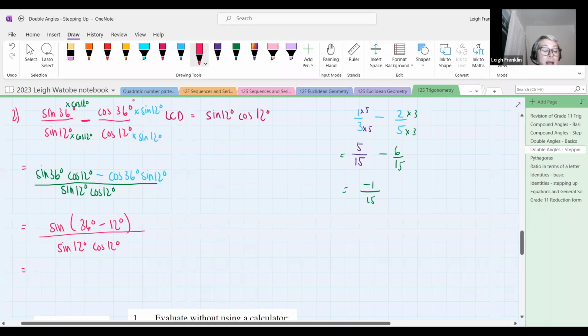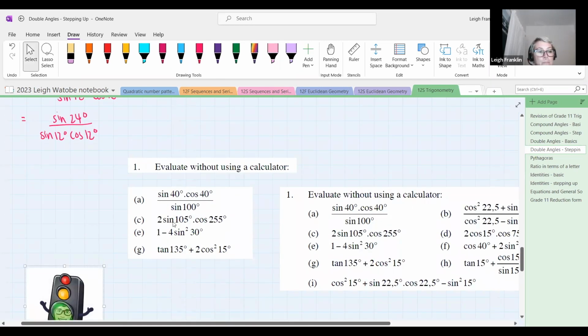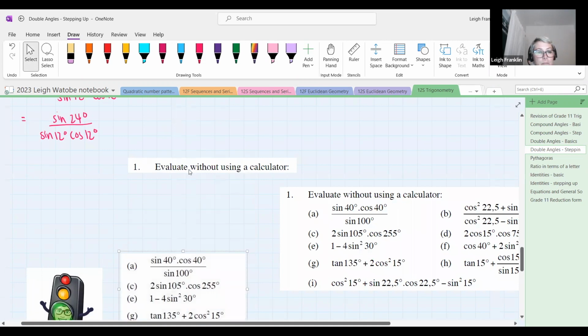All right. Now at the top again. 36 minus 12 leaves me with 24. So at the top, I've got the sine of 24. And at the bottom, I have sine 12 cos 12. And what do you notice about 12 and 24, Zandile? 24 is double 12.